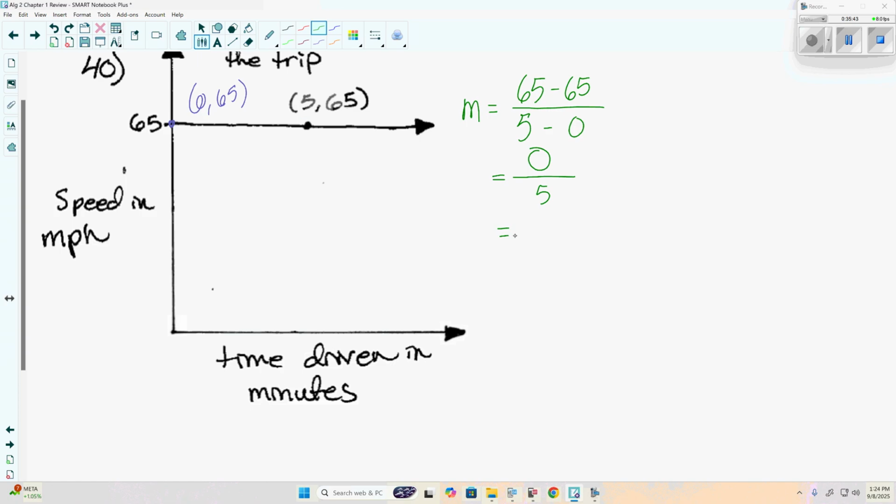What is 0 divided by 5? It is 0. Zero divided by 5 is really saying what times 5 is 0? 0. We can have 0 on top of a fraction. We cannot have 0 on bottom. So the slope is 0.